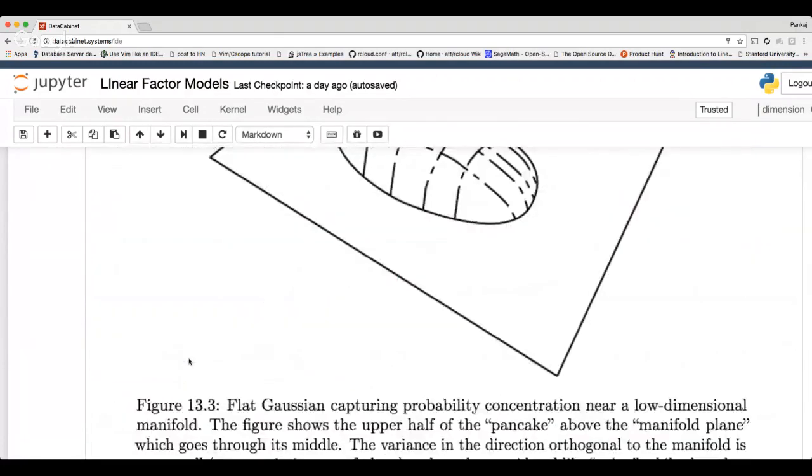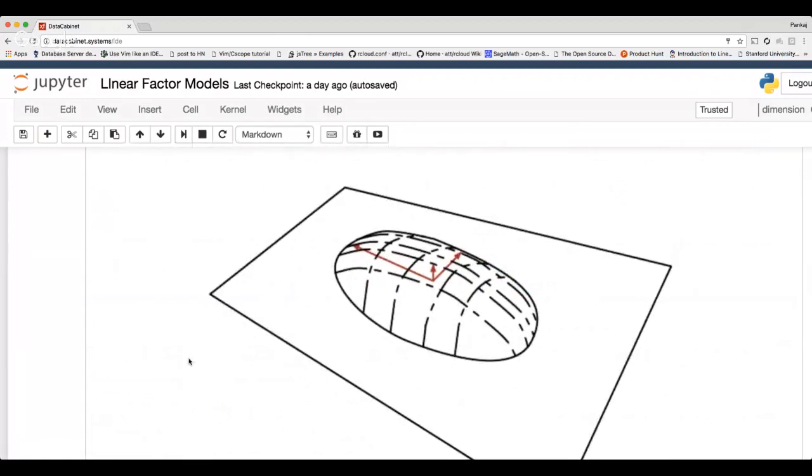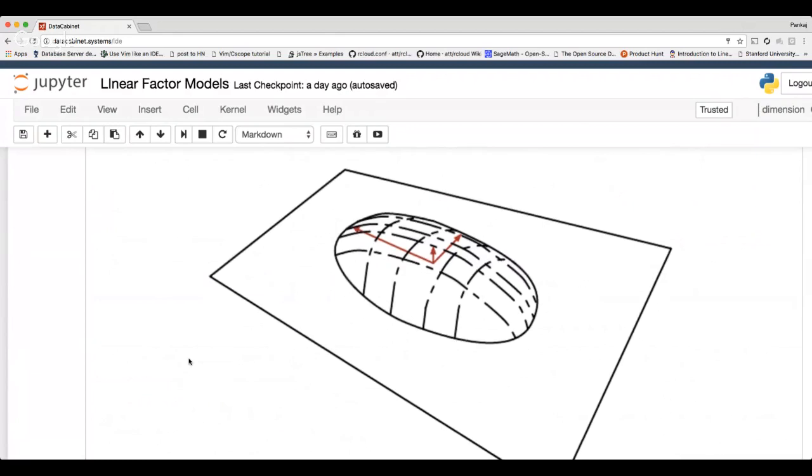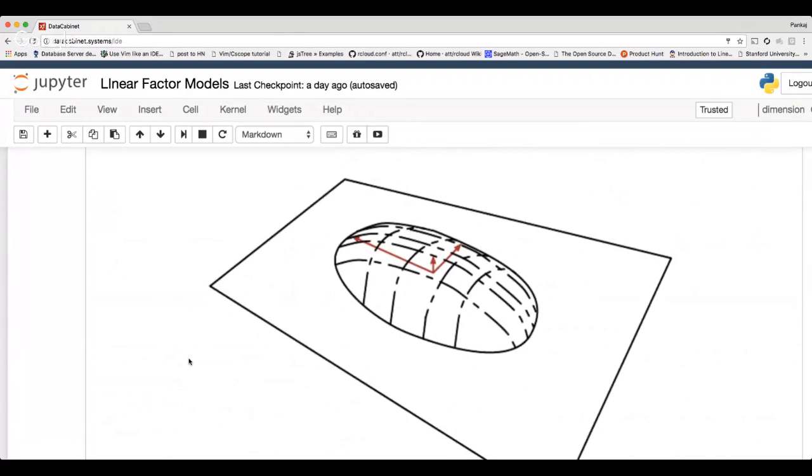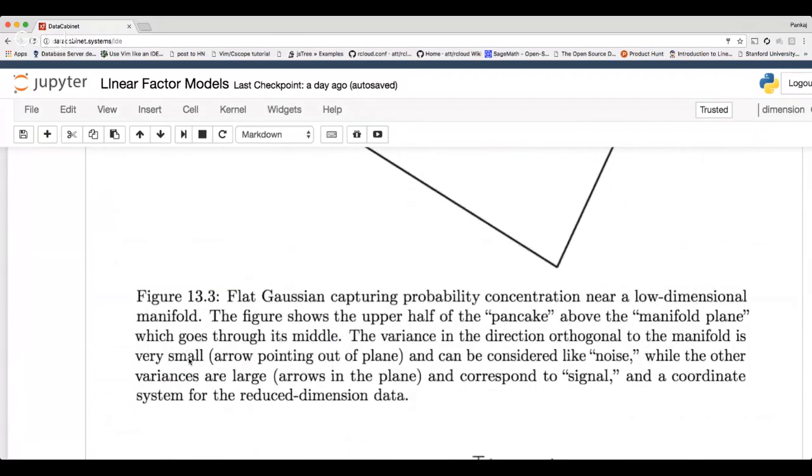Basically, if you project any 3D set of points to the maximum variance plane in 3D space, it will be like an ellipsoid, which the book calls a pancake-shaped manifold.